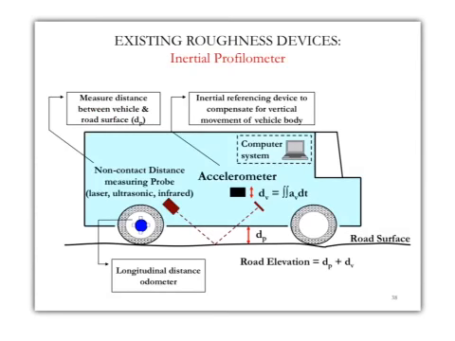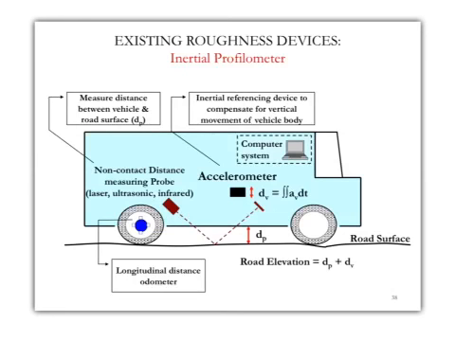So here let's take a closer look at the inertial profilometer from the inside. As you could see here, first of all, at the back tire we're measuring longitudinal distance using an odometer. At the same time we have a measuring probe. It's a non-contact distance measuring probe, either laser, ultrasonic, or infrared. We're trying to measure the distance between the vehicle and the road surface.